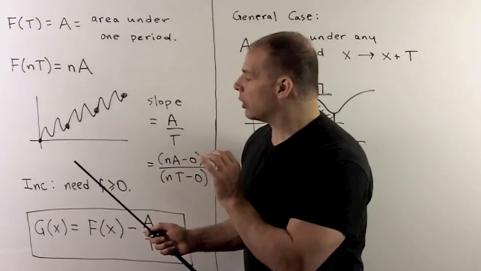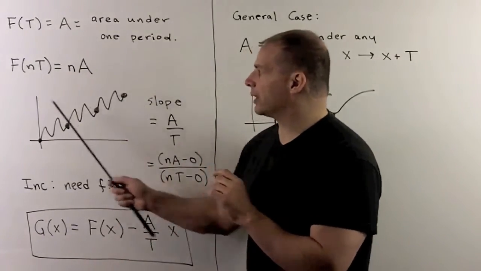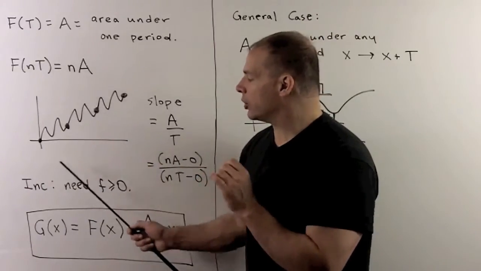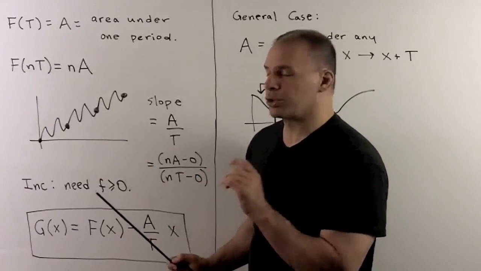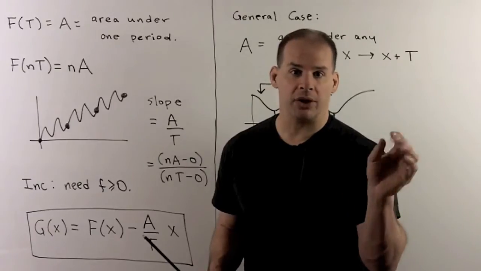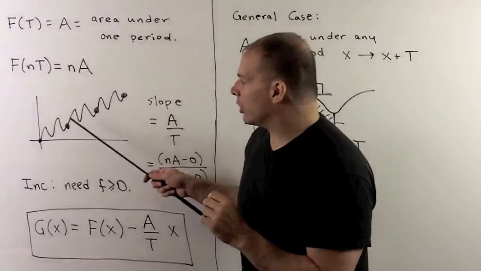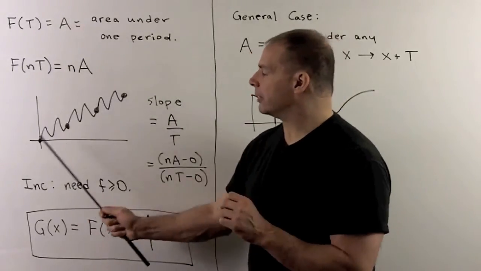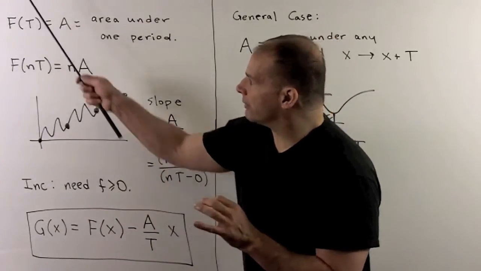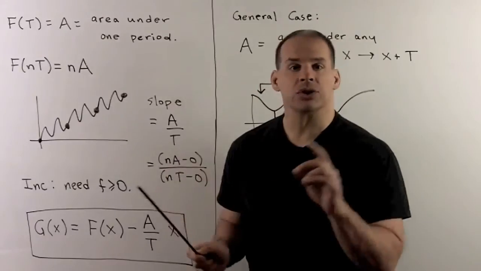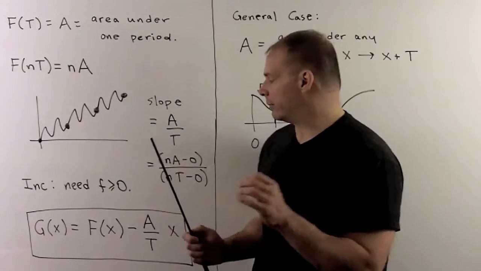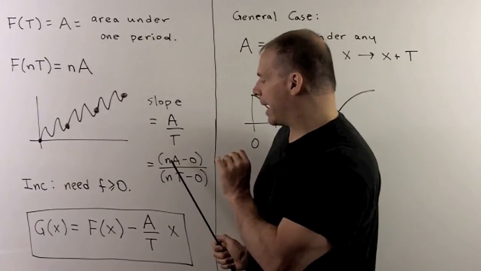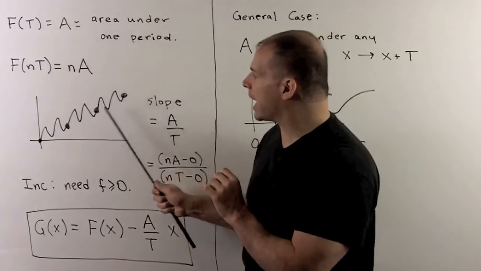Now, in general, we're not going to have an increasing function for capital F. It'll be increasing if little f is greater than or equal to 0, which we had in our example. But in general, it's going to move back and forth, but it's going to follow a straight line. From the information we have here, the slope of this line comes from looking at what happens between any two points.